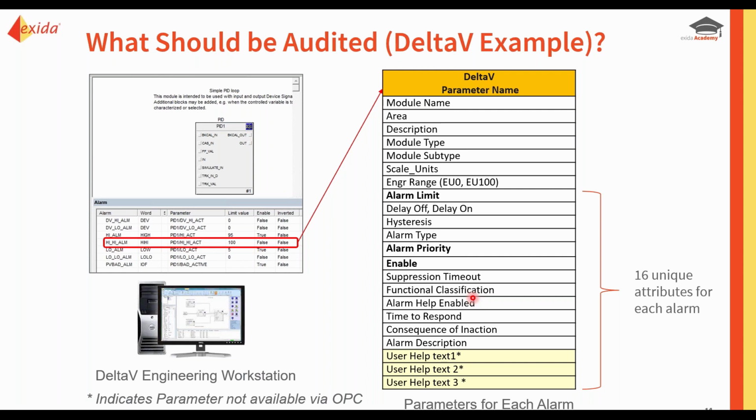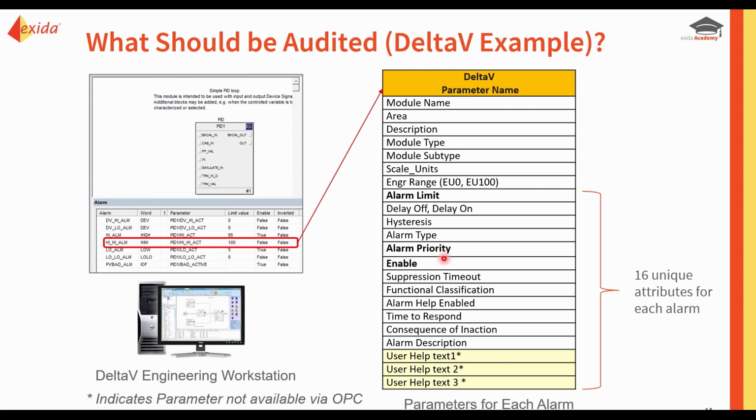I would say the ones that directly impact the triggering or the annunciation of the alarm to the operator at the right point in time. So certainly the alarm limit would impact that. The enable/disable status would. The alarm priority could impact whether the alarm is shown to the operator or is hidden with other alarms. So that is pretty important as well.